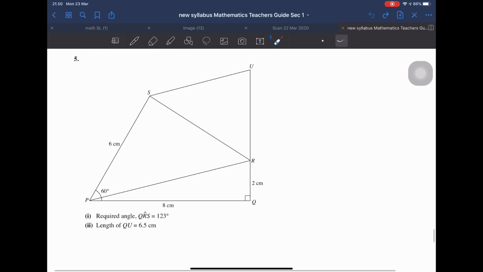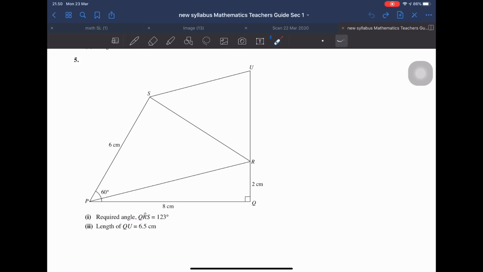It could be 121 until 125. So if your answer is between that, it's still correct. So technically the accuracy is plus and minus 2 degrees.